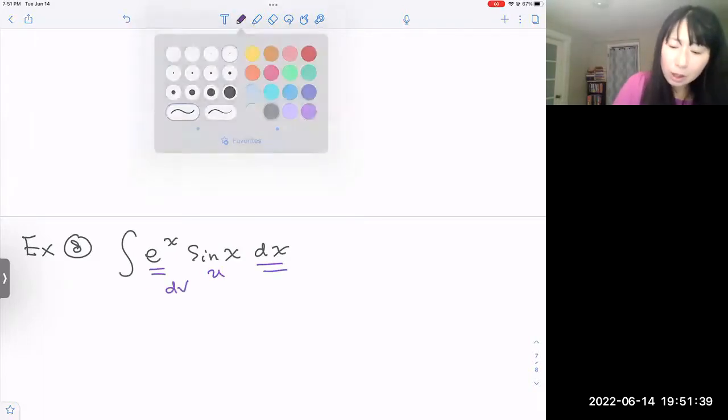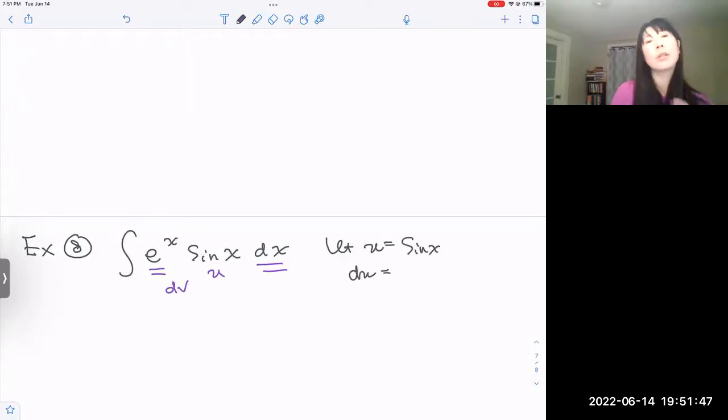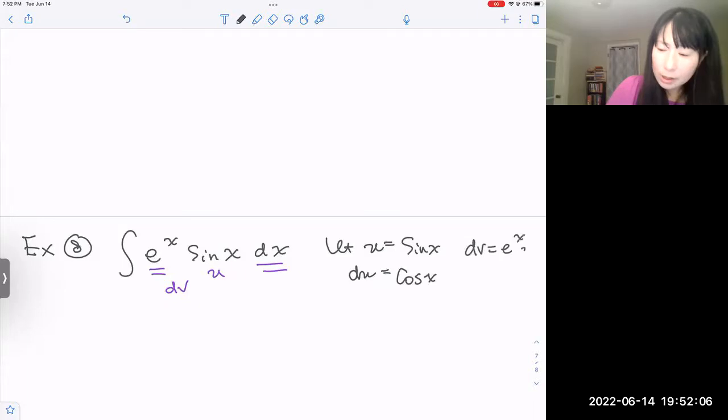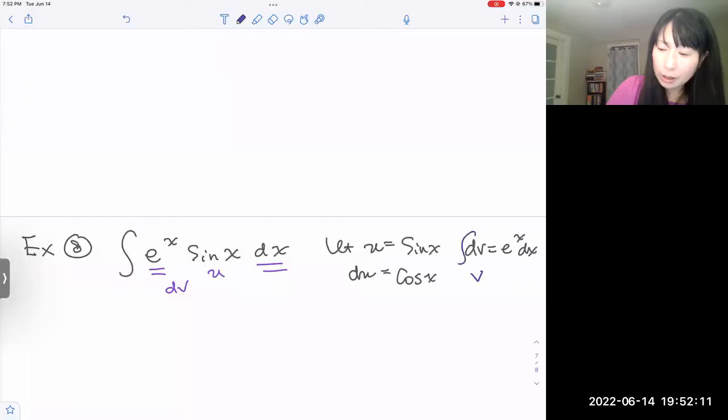Good. So let u equal sine x. What's the derivative? Cosine x, good. Now dv, which is e to the x dx, we find v by taking the antiderivative, and we have e to the x plus c.